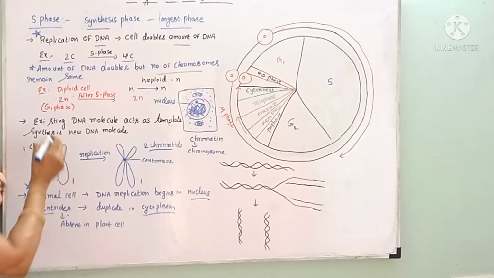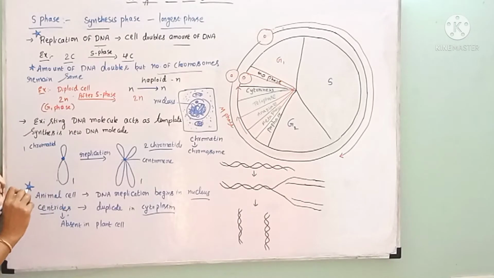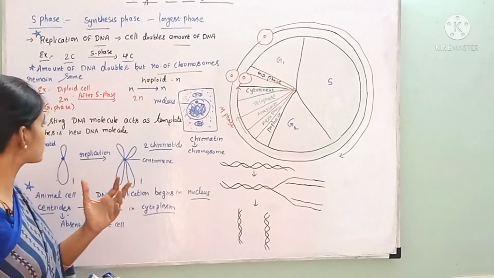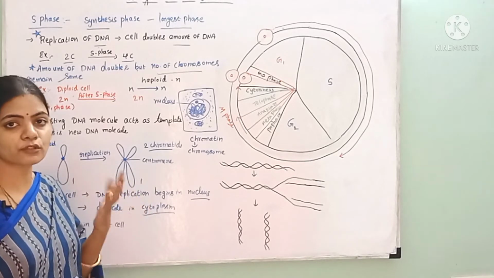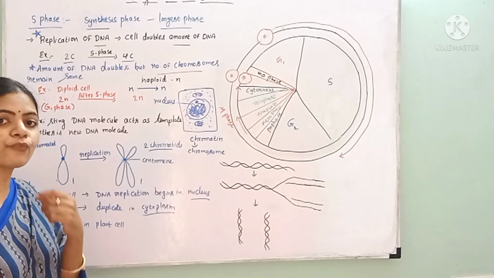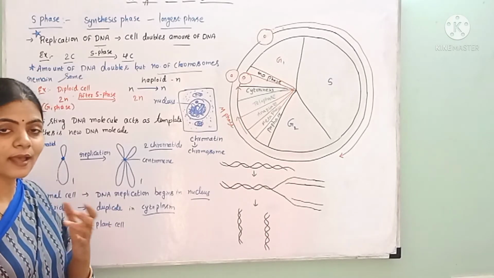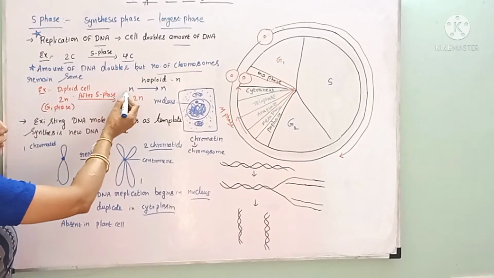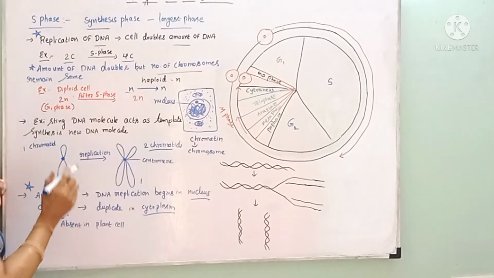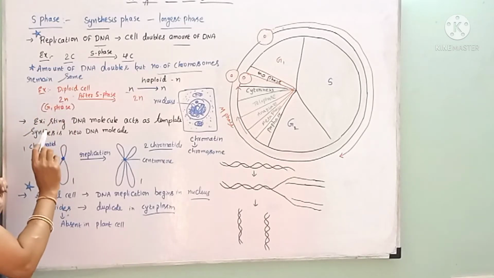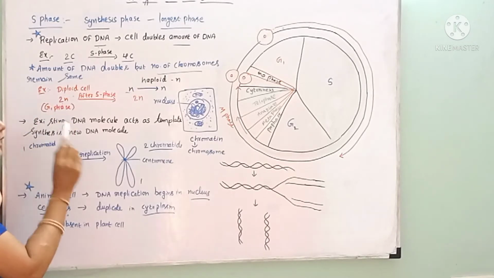For example, we have two types of cells, haploid cells and diploid cells. Diploid cells are cells with two sets of chromosomes, and haploid cells are cells with one set of chromosomes. The diploid condition is denoted by 2n and the haploid condition is denoted by n. A diploid cell has 2n chromosomes in the G1 phase.